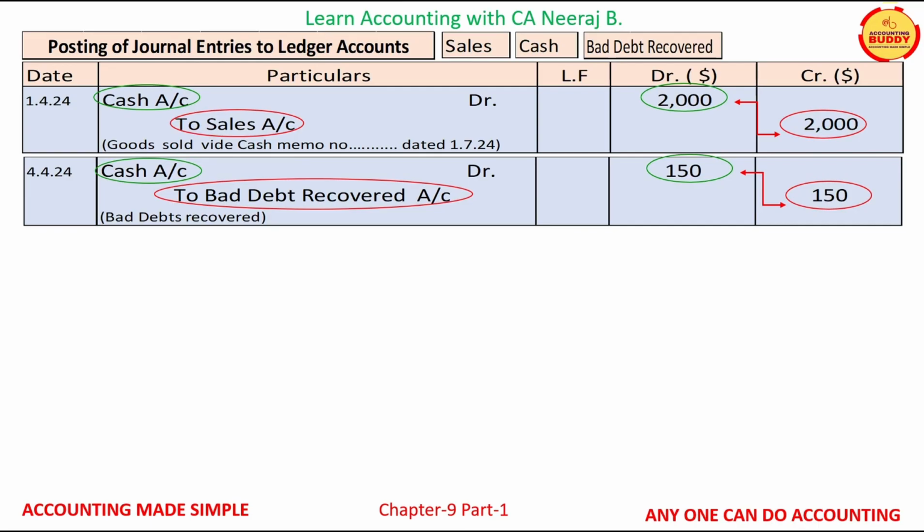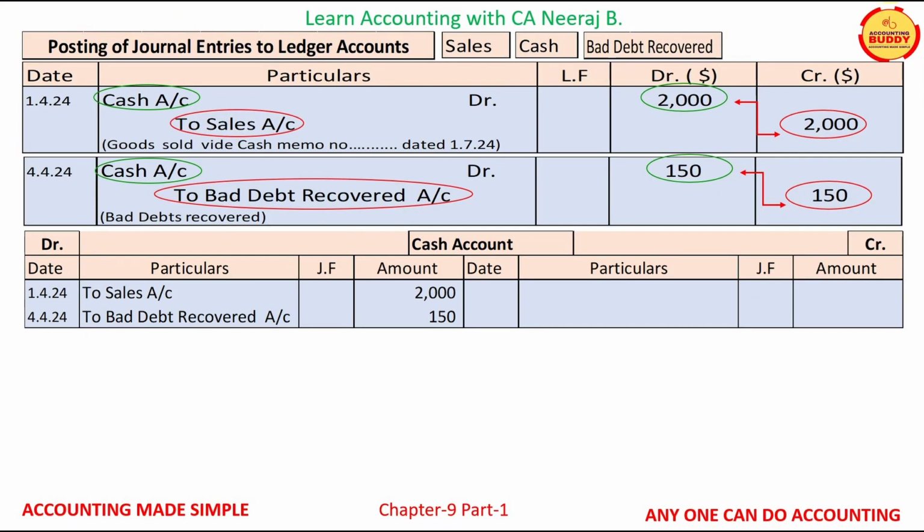Let us understand how the above entries are posted in the respective ledger accounts. First, in the cash account. In the first entry of cash sales, since cash account is debited, the entry will be posted on the debit side of the cash account with $2,000 by writing the words "to sales account".